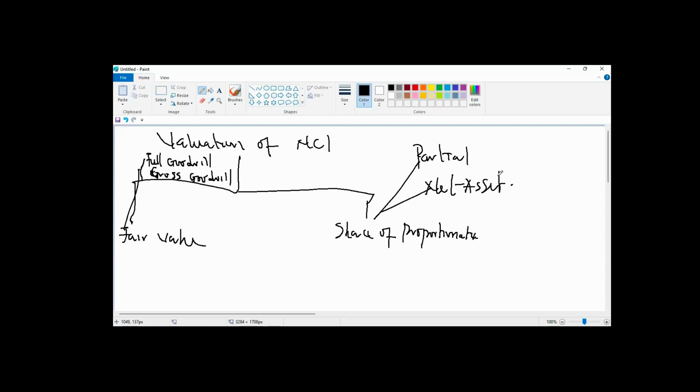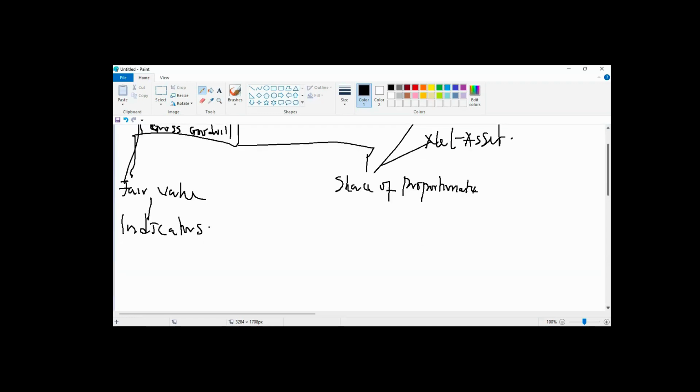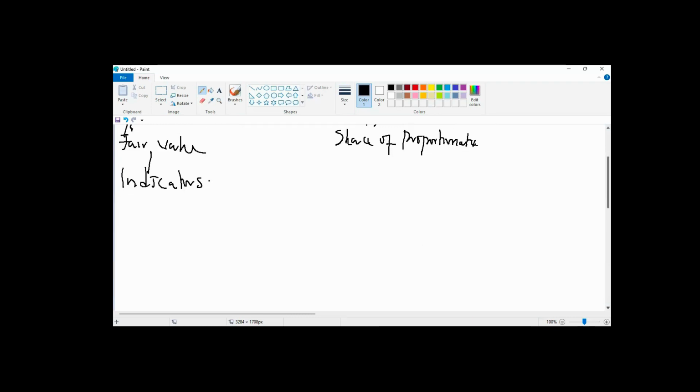Now, in the exam, how do I know it is fair value? What are the indicators of fair value? What am I going to see in the question that will tell me that it is fair value? That's what we want to do now. 1.